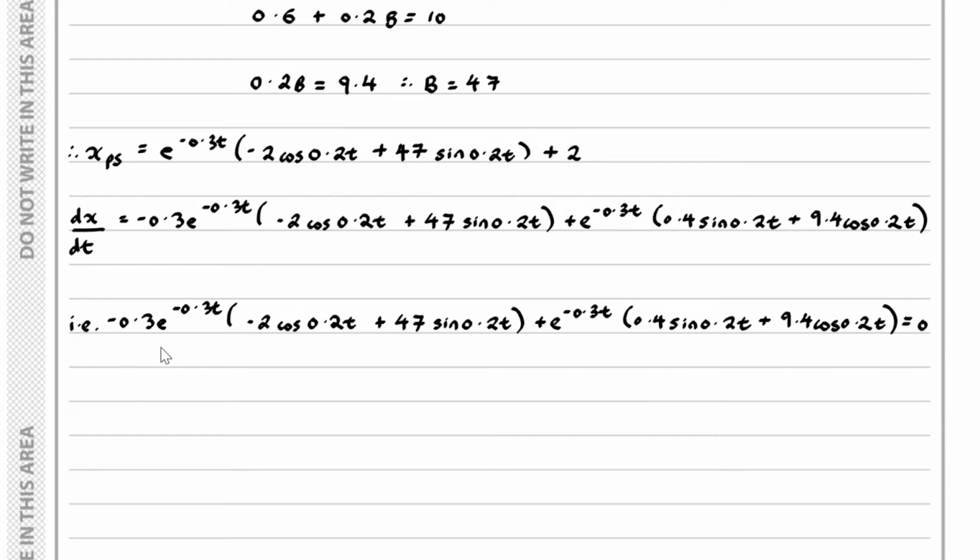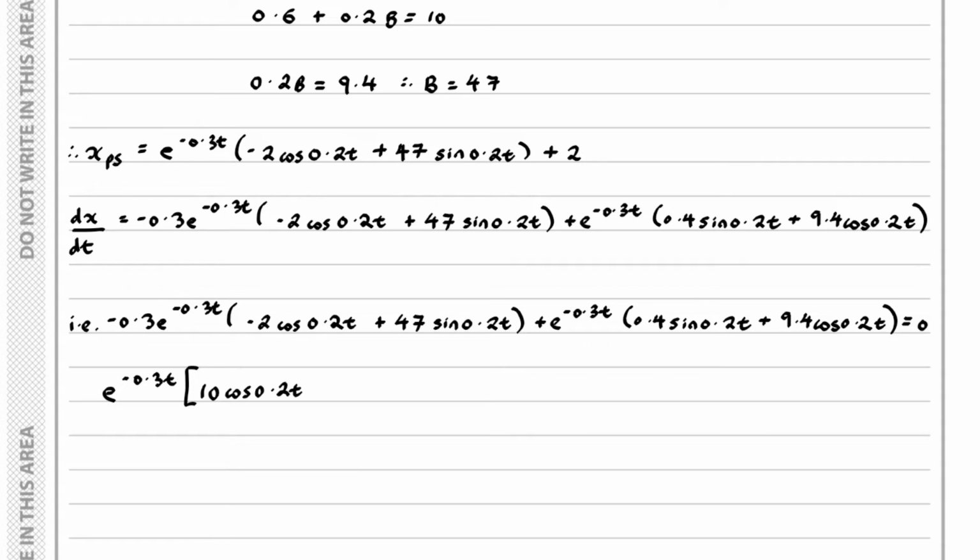So if we take out the e to the power of minus 0.3t as a common factor, you can see here, in terms of cosines, we've got minus 0.3 times minus 2, that's 0.6, and we've also got the 9.4 as well. So in total we've got 10 cosines of 0.2t's, and in terms of the sines, we've got minus 0.3 times 47.